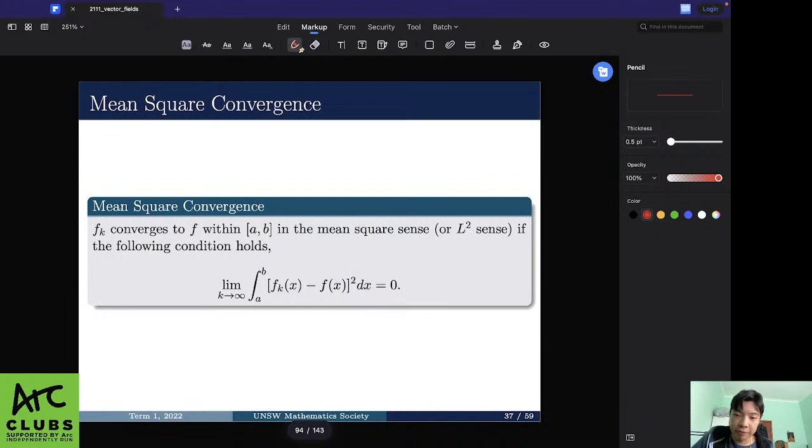Now we also have mean square convergence, which just means if we have two functions and the integral from a to b of their difference squared is equal to 0 as the limit k goes to infinity, then this is going to be convergent in the mean square sense.